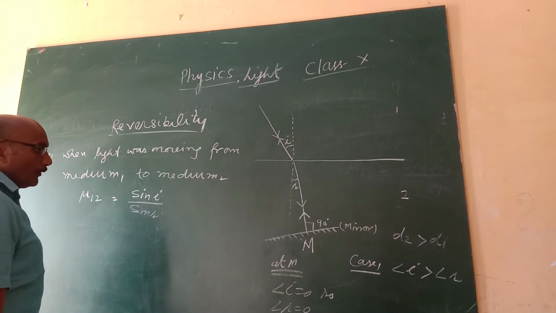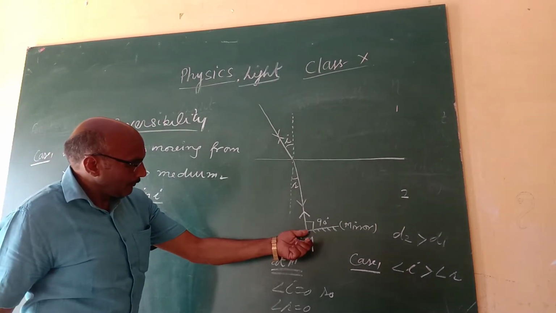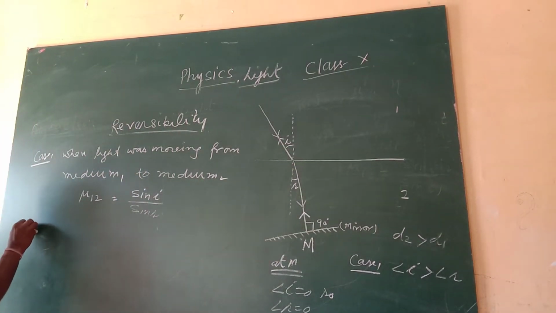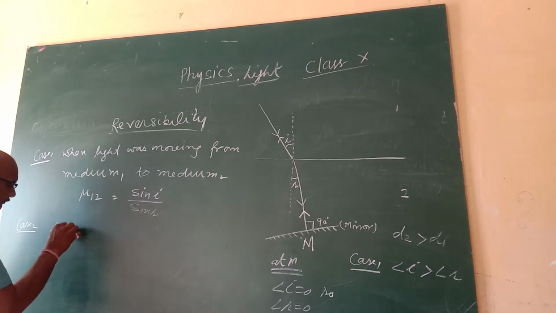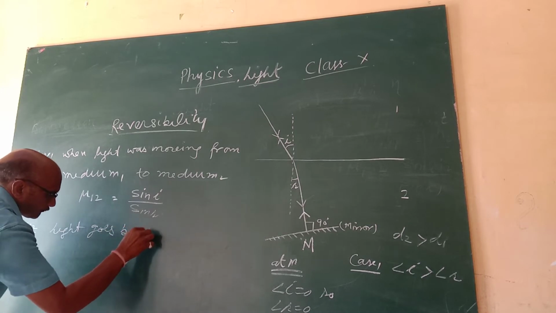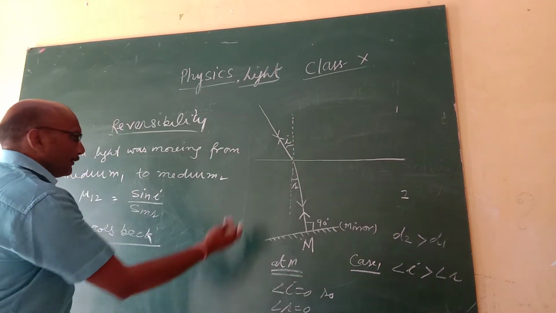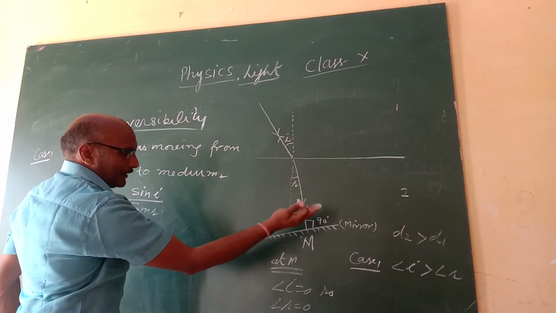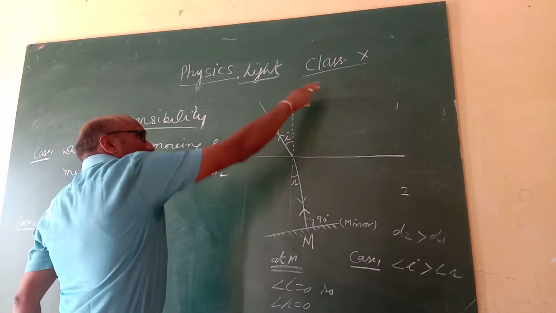Now, case 2: when light goes back. In the previous case, light was coming from medium number 1 to medium number 2. In case 2, light is going from medium number 2 to medium number 1.